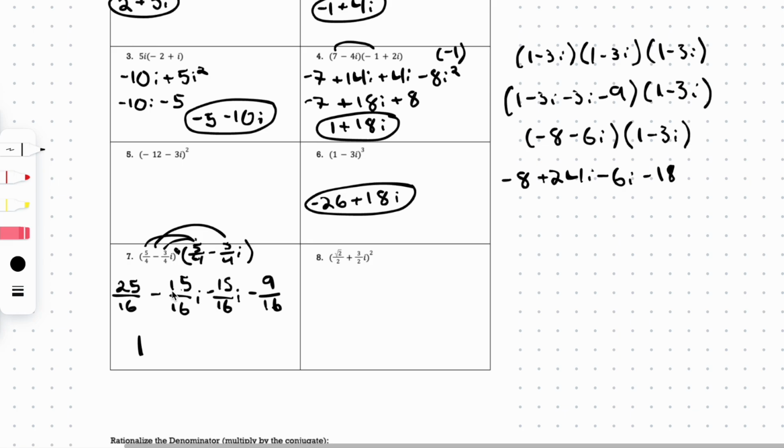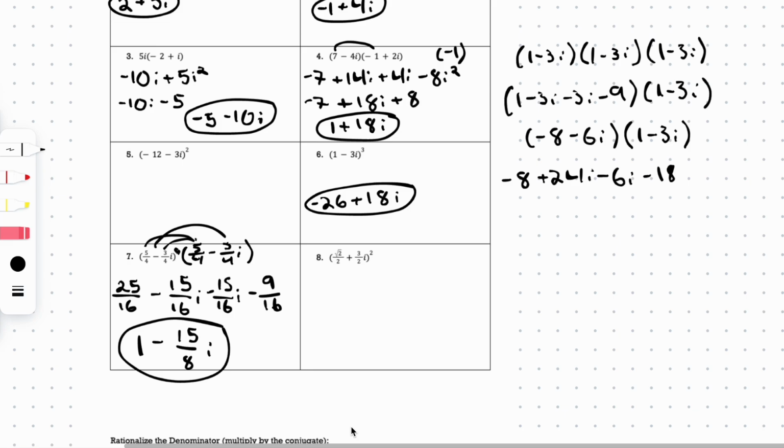And then we have minus 15 over 16i minus 15 over 16i. So that's going to give us minus 30 over 16i, which we can simplify. 30 over 16 is going to be 15 over 8. We can't simplify anymore. Sorry about that. Okay, perfect.